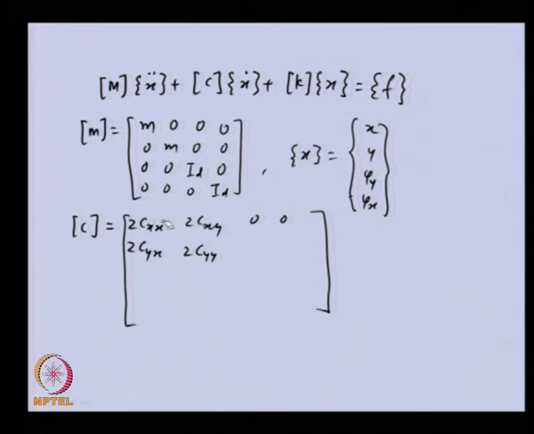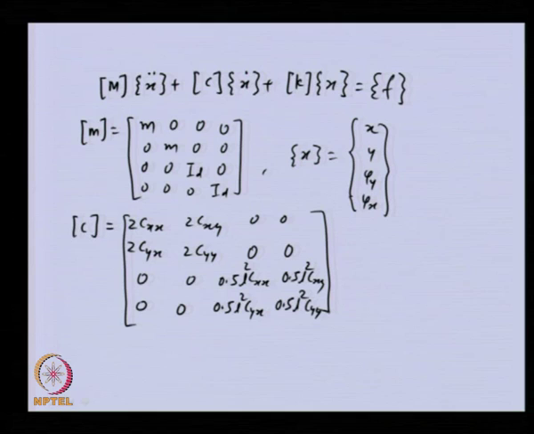Earlier the damping term was not there totally, but now we are having all 4 components, and the last 2 correspond to the moment balance. So we have 0.5 L square C x x, 0.5 L square C x y, and that is C y x, and this is C y y. Now the stiffness matrix will be having a similar form. I will give you that in the next slide.